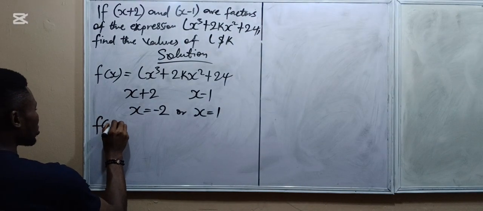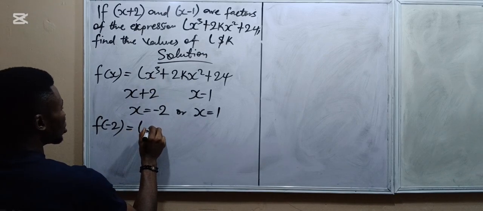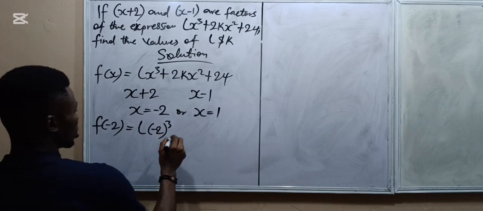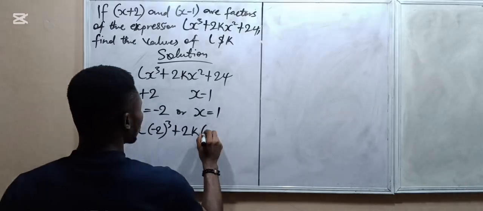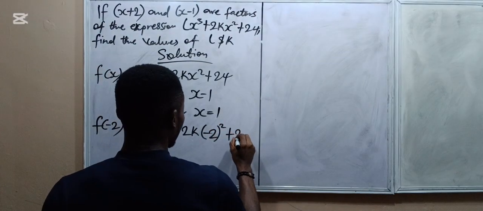So f of minus 2, we have L into minus 2 to the power 3 plus 2k into minus 2 to the power 2, then plus 24.